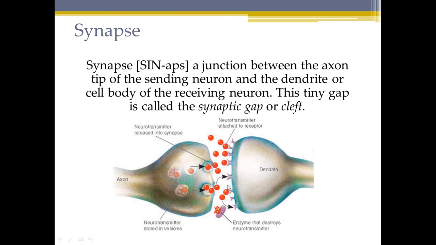The dendrite has all of these little receptors right here. And if the neurotransmitter fits, it will connect with the dendrite. And if it reaches the threshold required to send that signal, it will then send the signal on down to its axons, which are connected to other neurons, which will then pass the signal on and on.